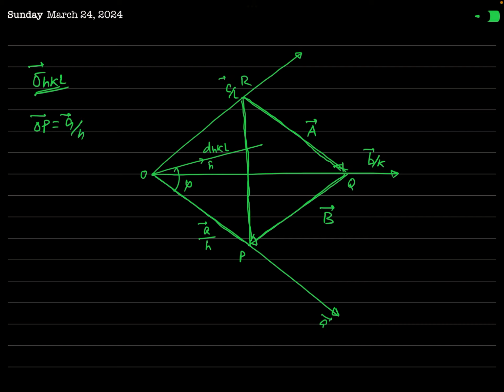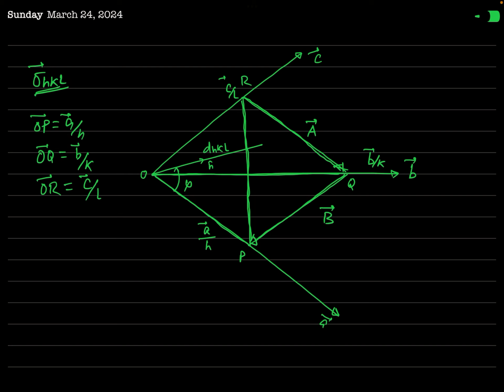Now, along the b axis, the intercept of this plane is b by k, and this b by k is equal to OQ, as you can see. And along the c axis, the intercept of this plane is OR, and this OR will be equal to c over l.